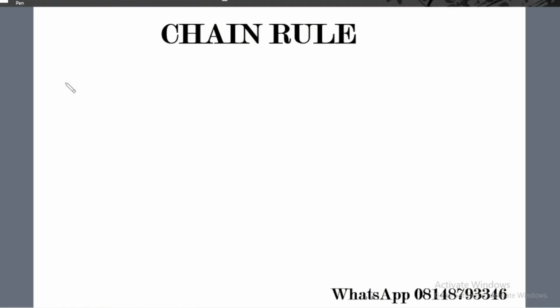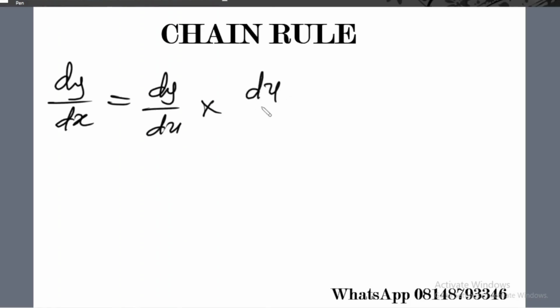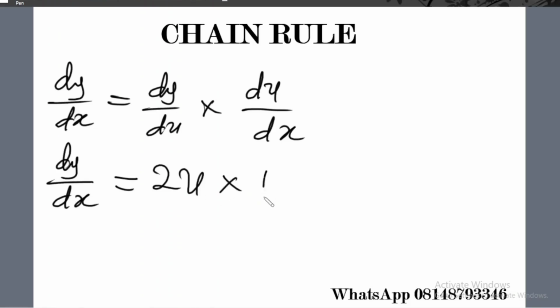Now let's substitute into the chain rule formula. The chain rule formula is dy all over dx equals dy all over du multiplied by du all over dx. Substituting into the formula, we have dy all over dx equals 2u multiplied by 1. Remember, dy all over du gave us 2u, and du all over dx gave us 1.